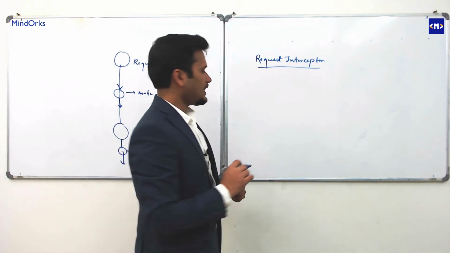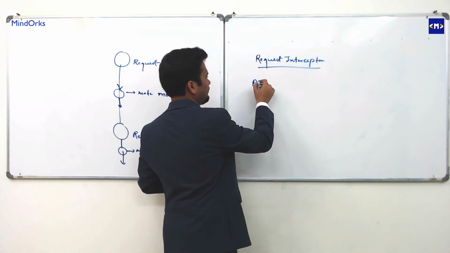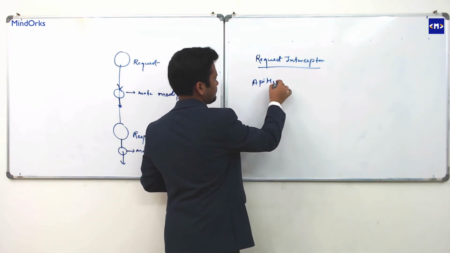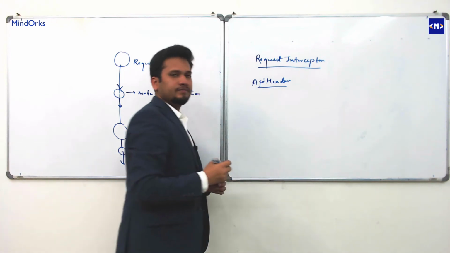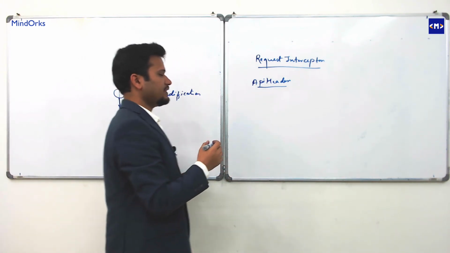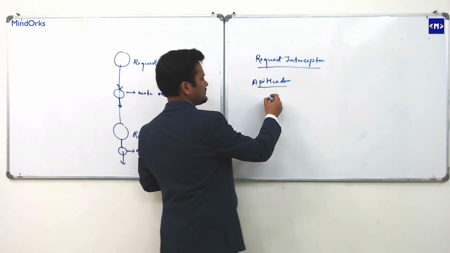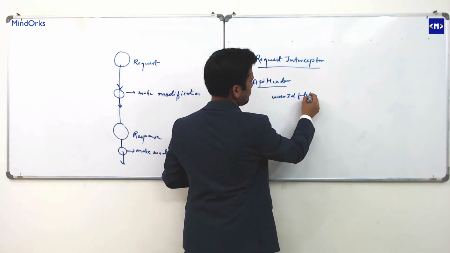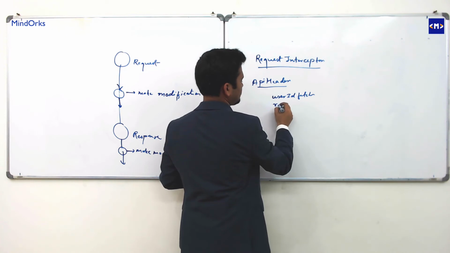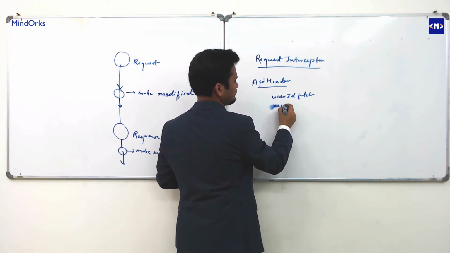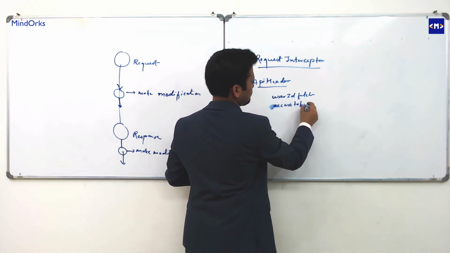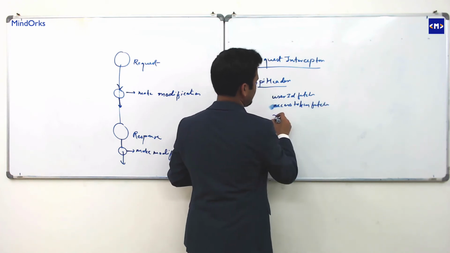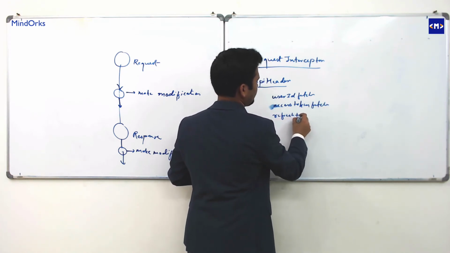So you will see that I have written one API header. This API header has fetchers, which has the user ID fetcher, the access token fetcher, and the refresh token fetcher.